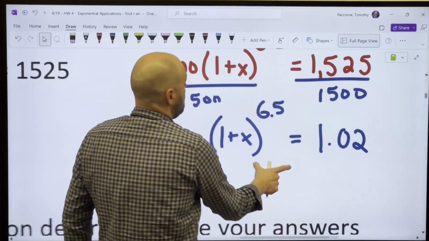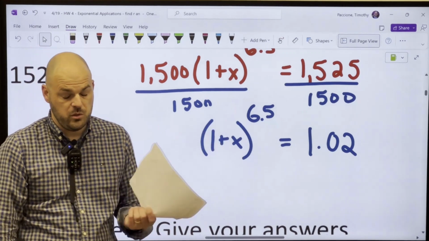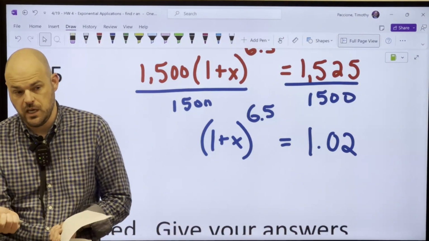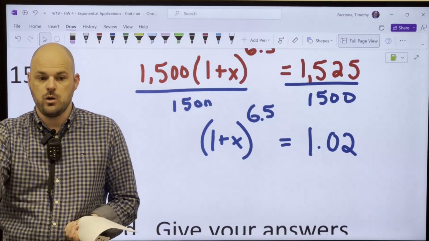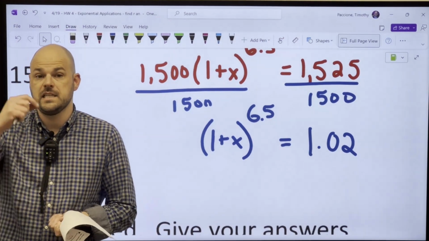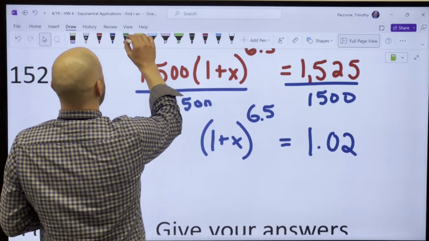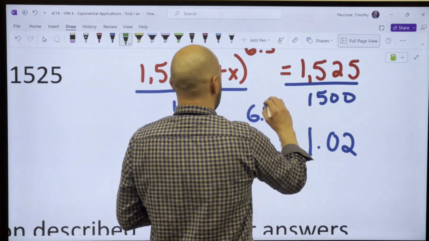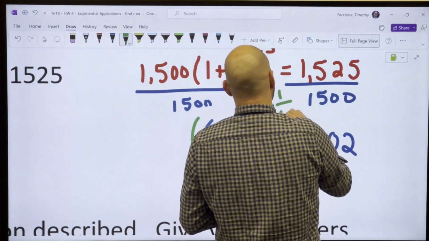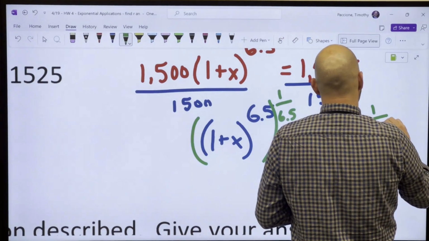Okay. Now, if this said something to the 6, and I told you you need to do the opposite of raising to the 6, you would say 1 over 6. It's no different now that there's a decimal. The opposite of raising to the 6.5 is 1 over 6.5. So I would raise this to 1 over 6.5 on both sides, and I will surely need my calculator for this.